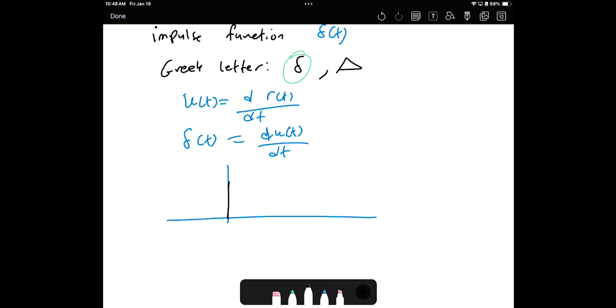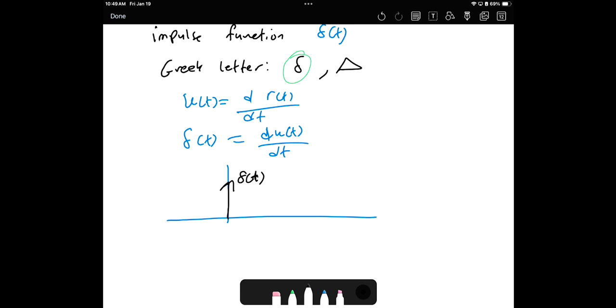This is how delta t looks. We will put an arrow. And actually, we cannot know the exact value of delta of t itself. What's the value of delta of t? Because this arrow goes forever, goes to infinity.